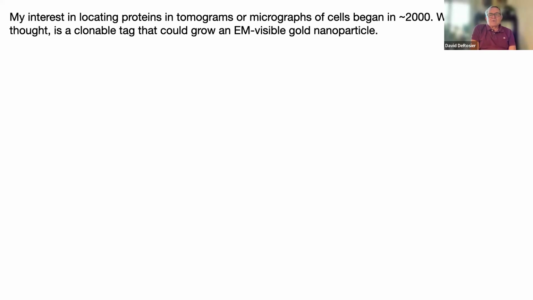The reason was that you would get much more efficient labeling because you would grow the particle there, and there wouldn't be the issue of steric interference, because growing a particle could generate more energy and push aside anything that was blocking it.